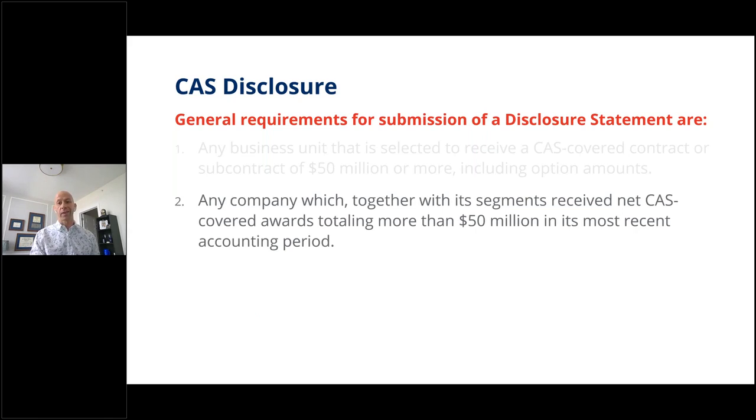Think of it like affiliation: you're under common control, so there's going to be an expectation that you are all doing the same things. We work with one of the very large government contractors out there, very, very large. They have multiple CAS segments within their structure, and within each CAS segment, they have multiple operating divisions. So theirs is a very complex structure.